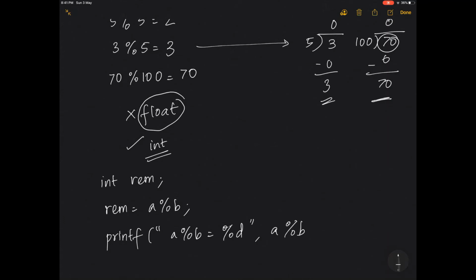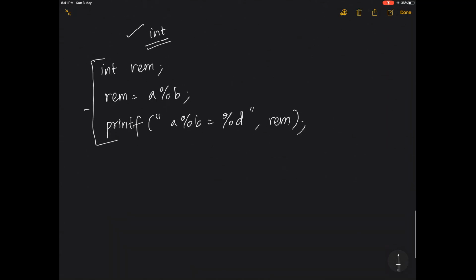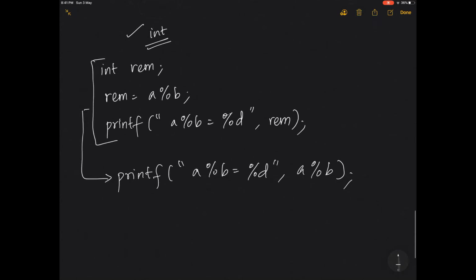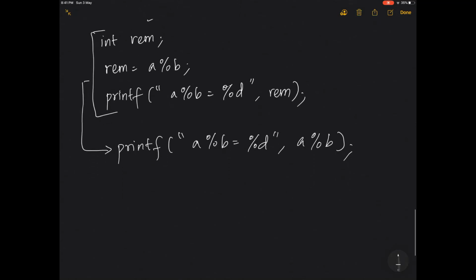You can either write it, sorry, I will do the longer version. You can go ahead and write a remainder, or in place of all these three, you can write the simple operation of printf a modulus b is equal to percentage d and write a modulus b. So this is a remainder operation.